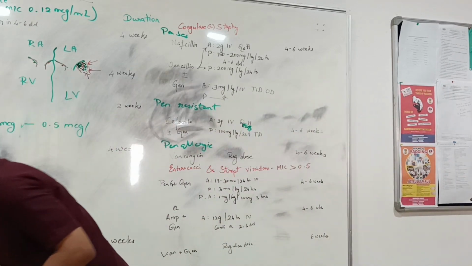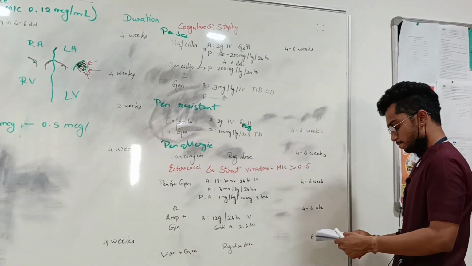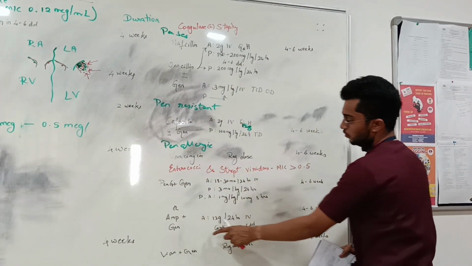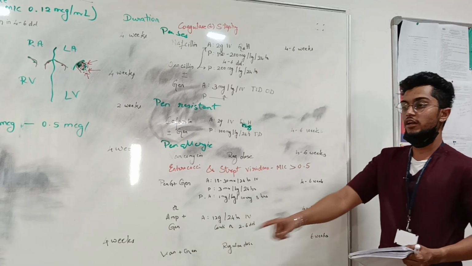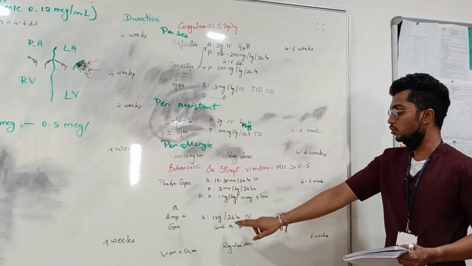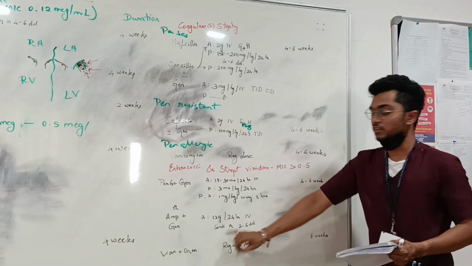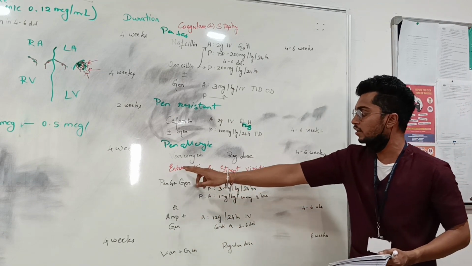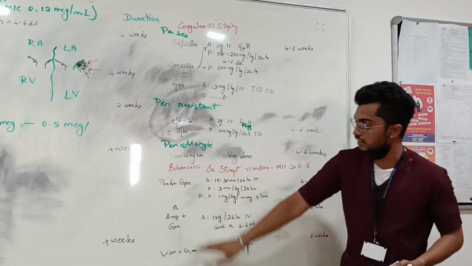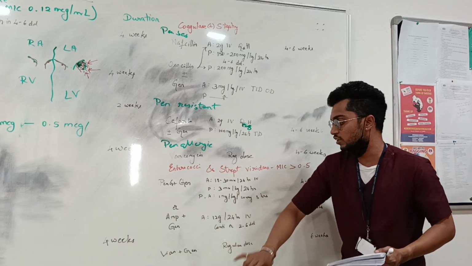Or we can also use ampicillin plus gentamicin. The ampicillin dose for adults is 12 grams divided into 2 or 6 daily doses, or it can be given as a continuous infusion with the gentamicin. It is important that for enterococci species we add gentamicin for all the regimens, whether you use penicillin G, ampicillin, or vancomycin.